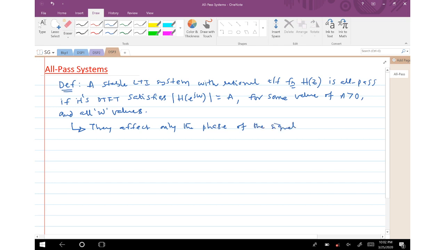So they can be used as compensators for undesired phase shifts and or delays.